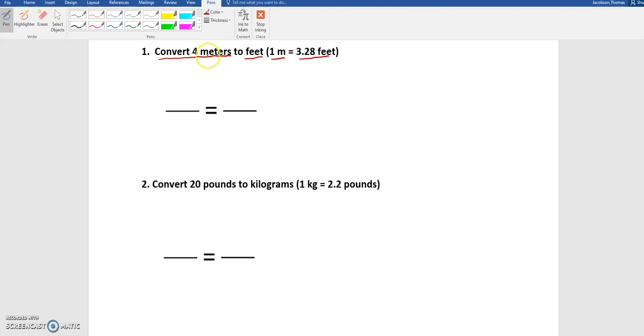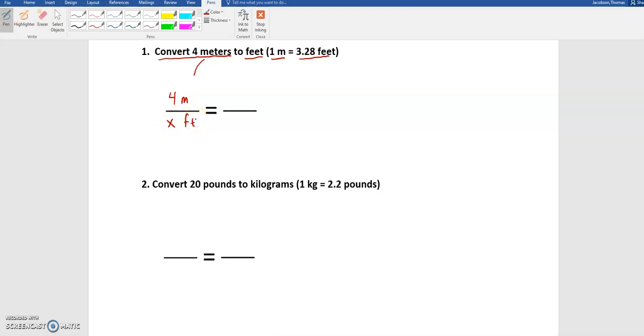First thing you do is whatever you are given, you put on the top left in the numerator here. So 4 meters is equivalent to some unknown amount, which I'm going to put as an x. X amount of feet.